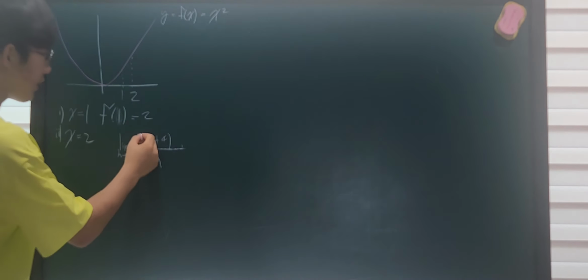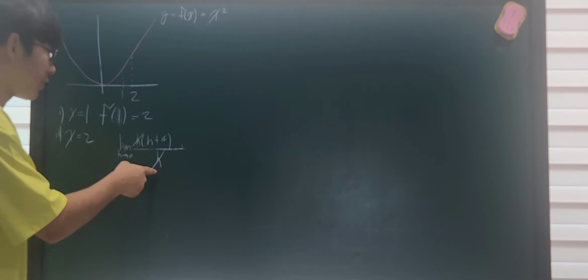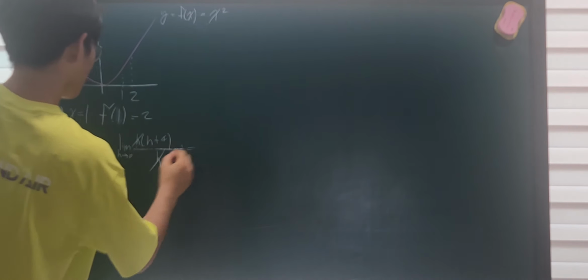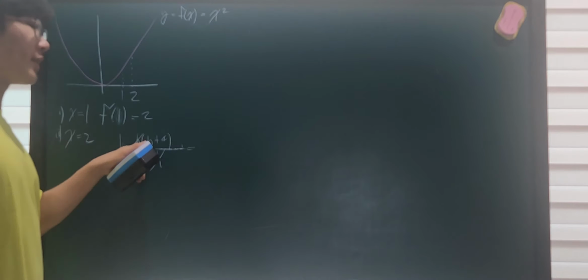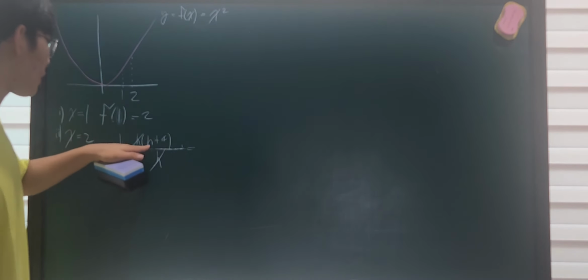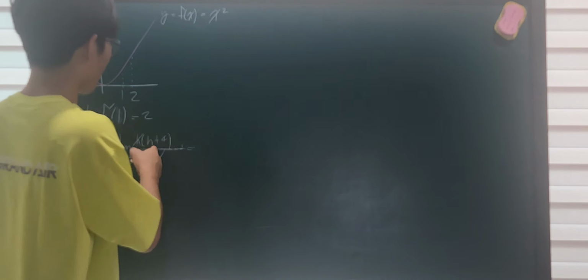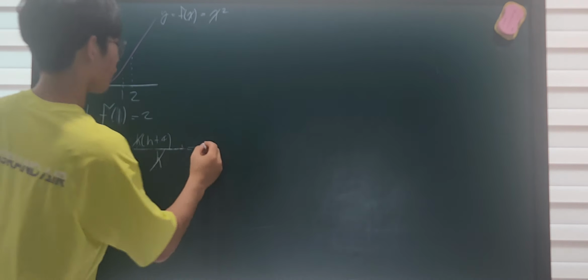Then if I simplify the zero-contributing factor on both the denominator and the numerator, I'm confident that this limit will exist. So since this limit exists, if we input 0 in place of h, as h is infinitely approaching 0, then it's going to approach 0 plus 4, which is exactly 4.